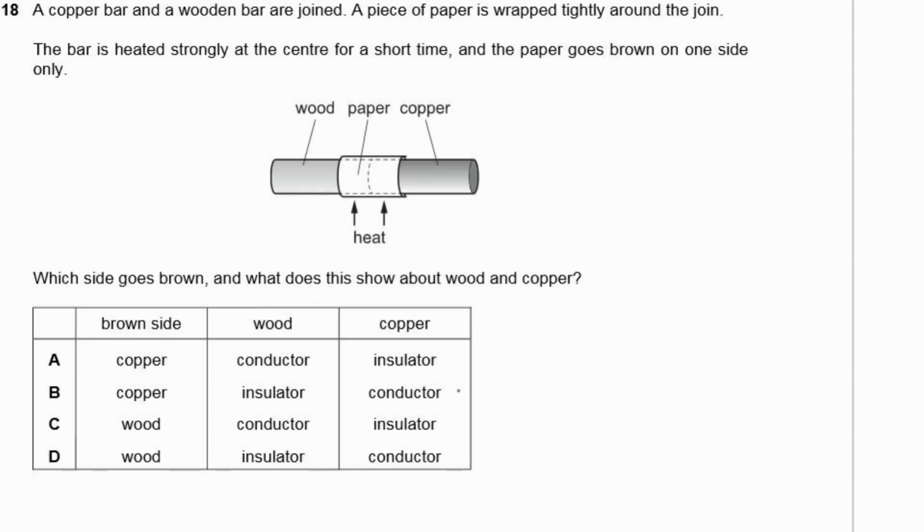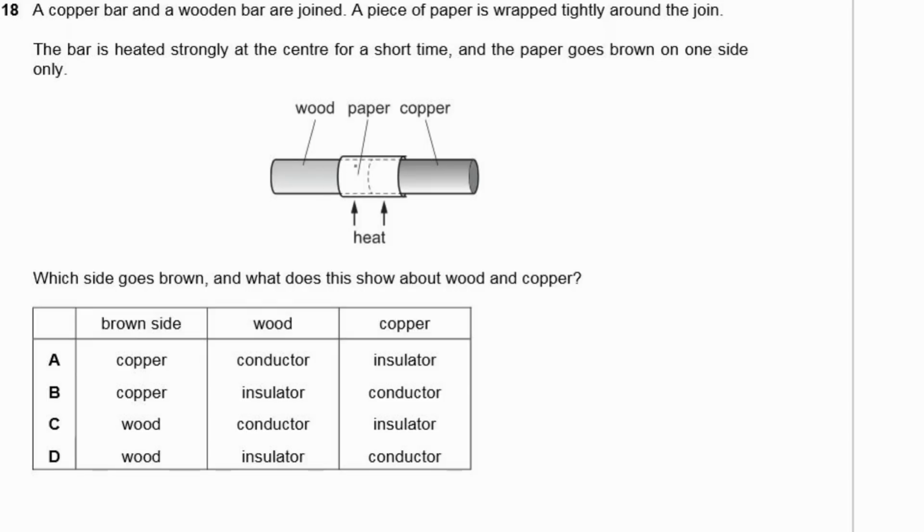The question being asked is related to the fact that the paper changes colour and goes brown. It's not asking about how much it's conducting at this point. It's relating the paper to the properties of the wood and the properties of the copper.